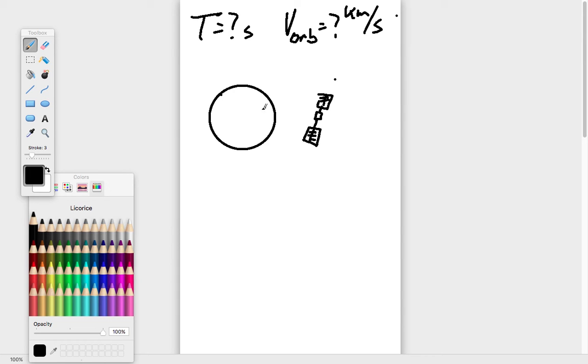Okay, so the information that was given in the book is the altitude. The altitude equals 2.0 times 10 to the 7th meters. So that's that right there.